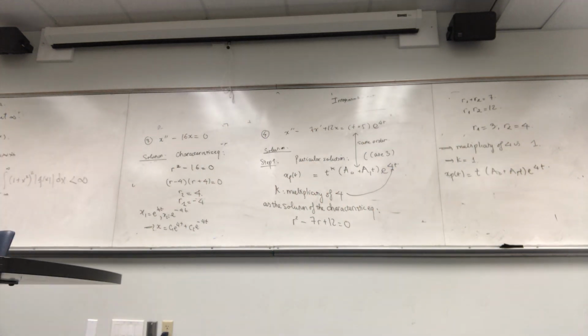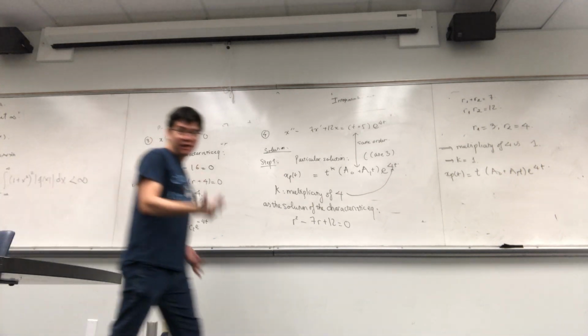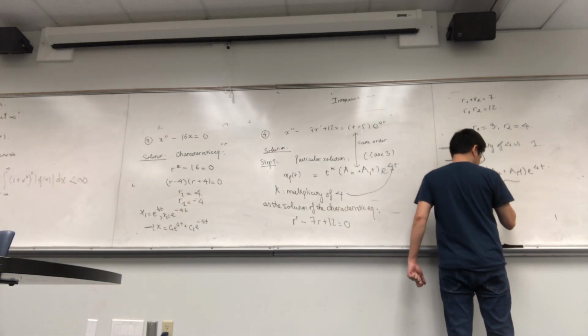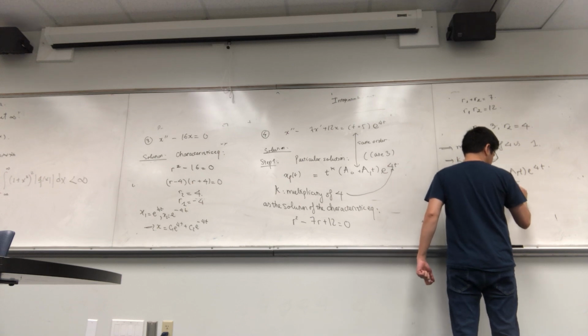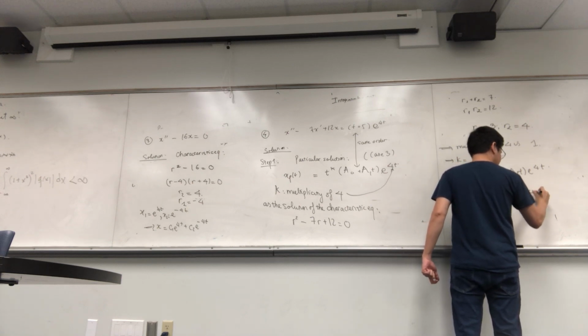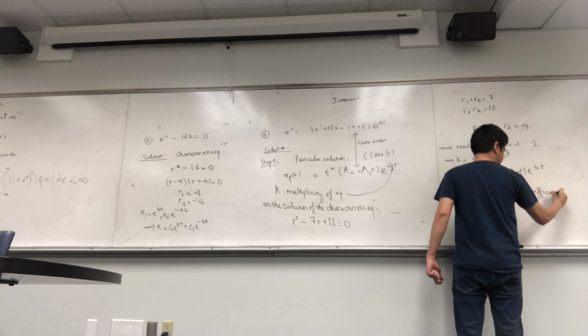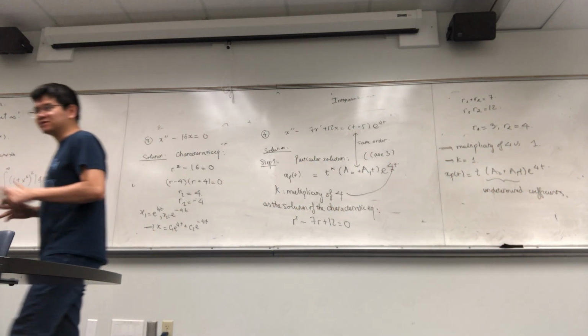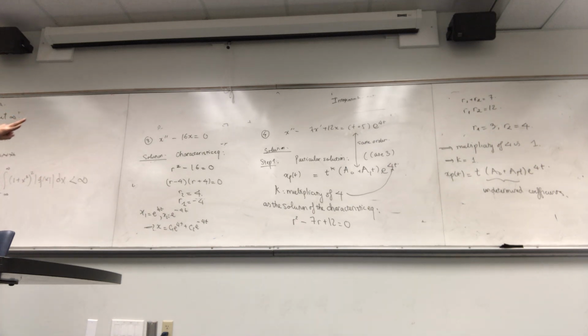Right? So this is the meaning of the name undetermined coefficients. So this is the meaning of the undetermined coefficients method, because here you have two coefficients to determine, a0 and a1.